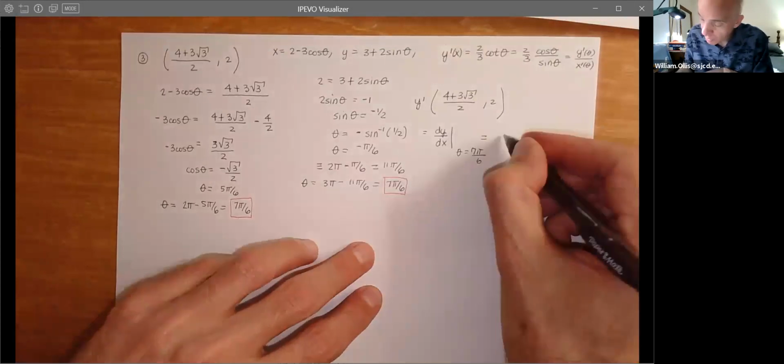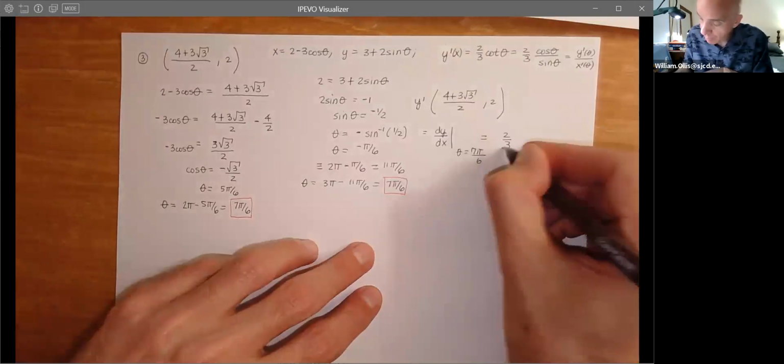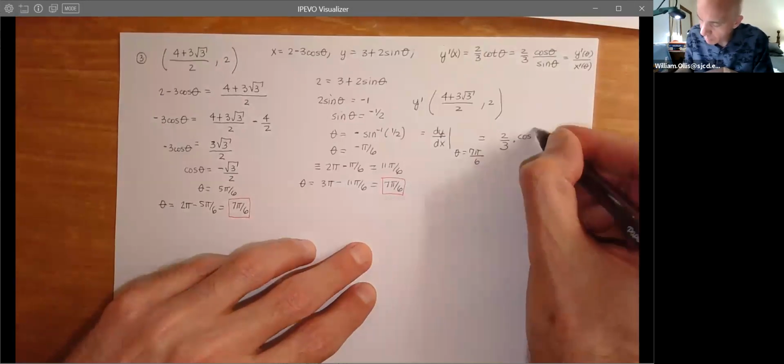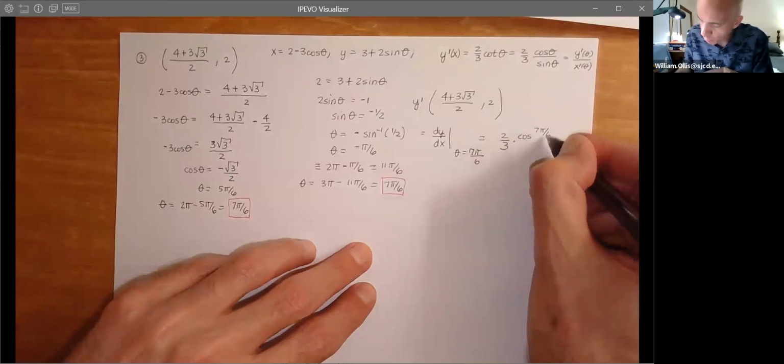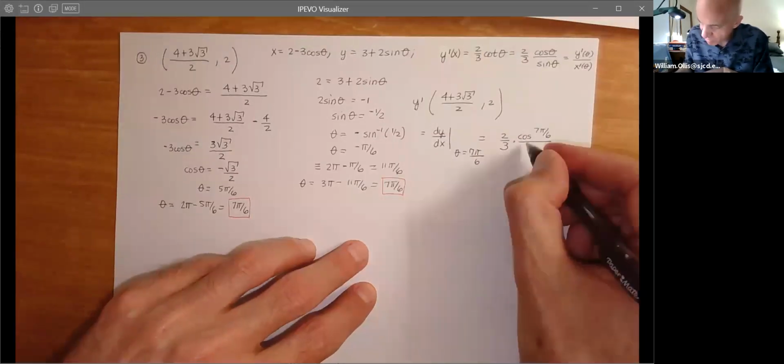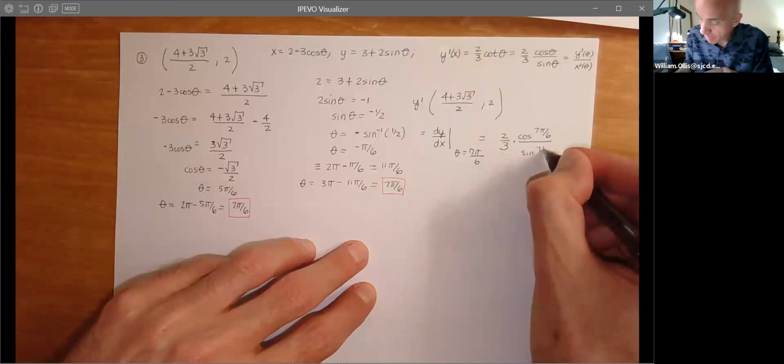And so of course we get 2/3, and this will be cosine of, go ahead and leave it this way, otherwise we'll just have to reinterpret it anyway. Cosine 7 pi/6, sine 7 pi/6.